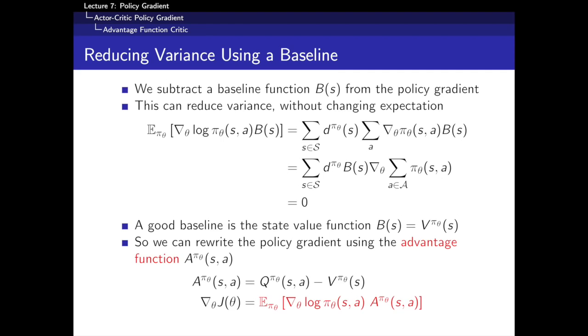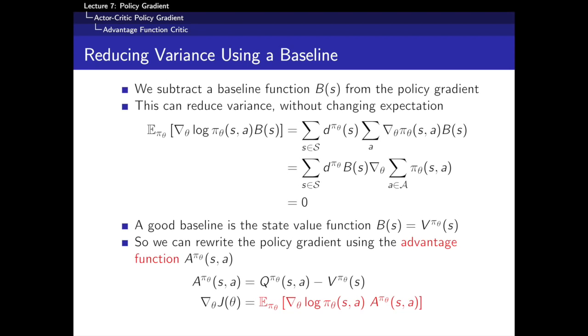Very briefly, if we expand this out, our expectation is an expectation over states, multiplied by the gradient of our policy, multiplied by the baseline. We can pull the baseline outside of this sum because it doesn't depend on the action. We can pull the gradient outside of this sum, and then we know that our policy sums up to 1.